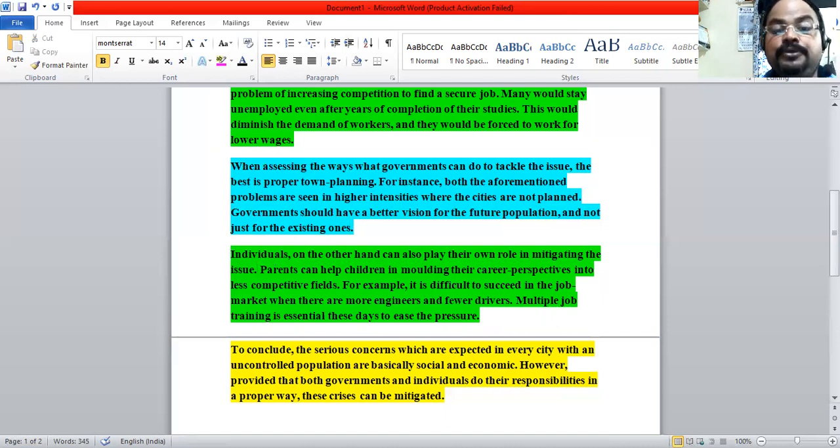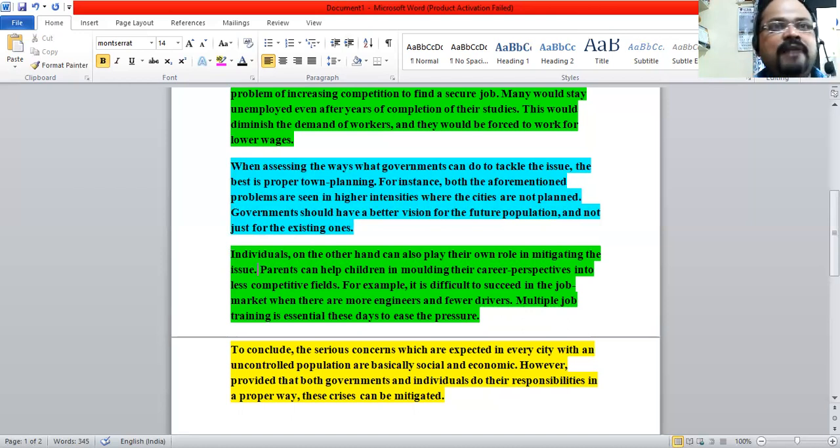Parents can help children. So, you know that if engineering is a much demanded profession, please don't teach your children engineering. You just go ahead with some other courses. Ask your children to opt for some other things, say for example biotechnology or biochemistry.